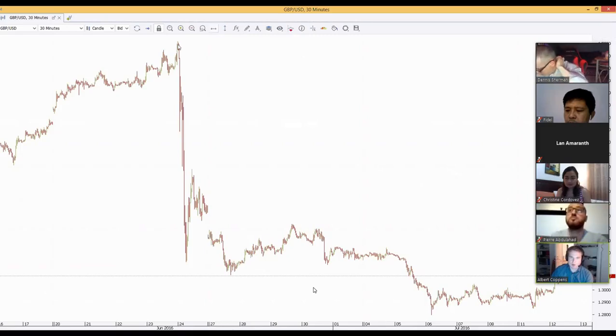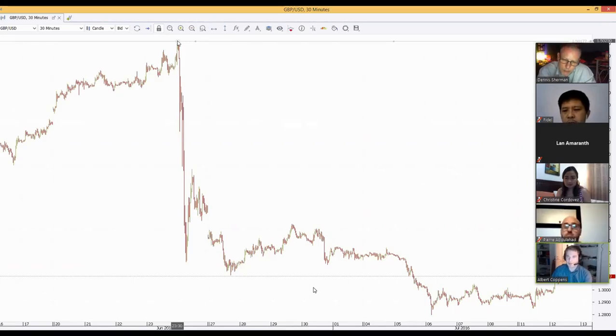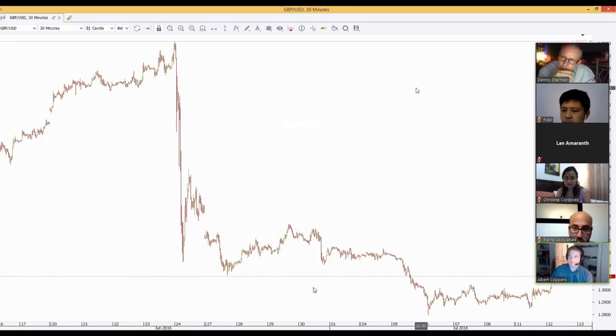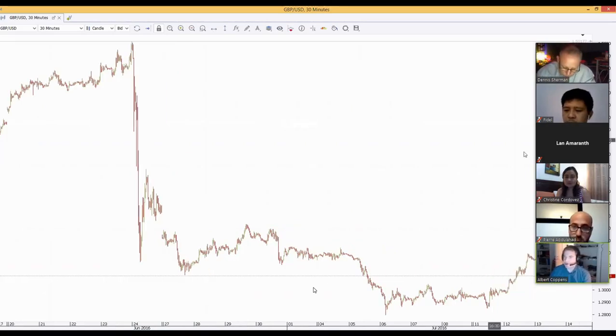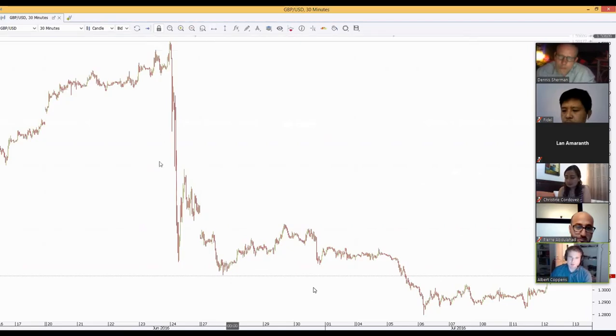So the very important thing is to know what is the last pip on the high before Brexit became a fact. That's 150.17. Not important yet, because we know there is a lot of room above our actual price. But what I want to know is the bottom low of Brexit, because this could be a major resistance or support, because this is the last pip which is sold.